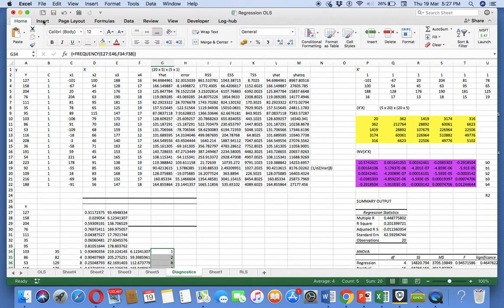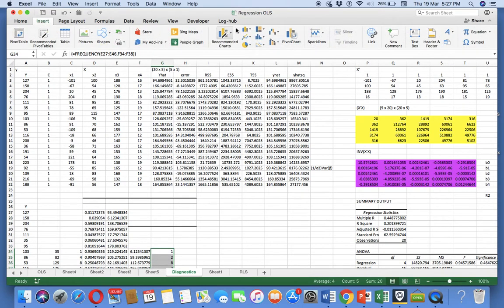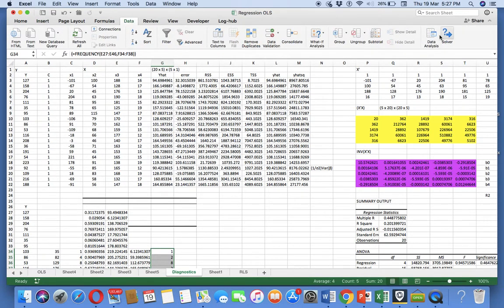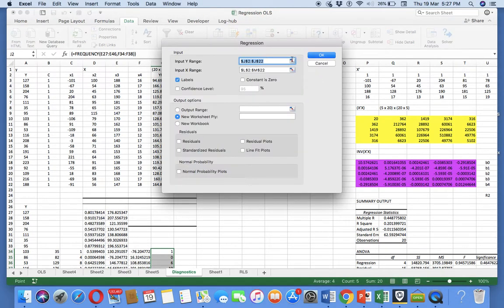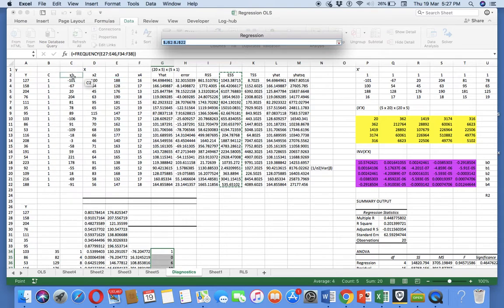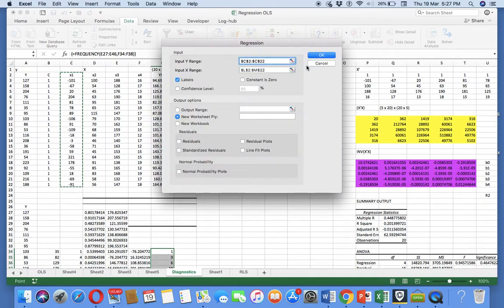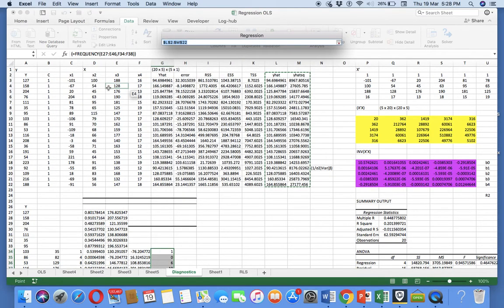How I calculate the VIF is I run a regression. Data analysis, regression. My dependent variable will be the variable for which I am trying to calculate the VIF. The independent variables are all the other independent variables, that is x2, x3, x4.